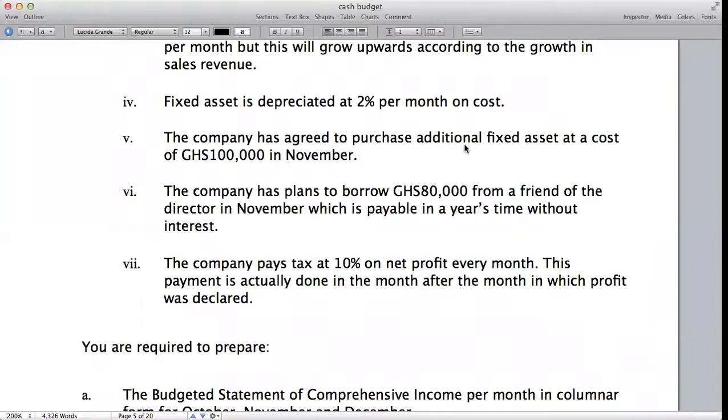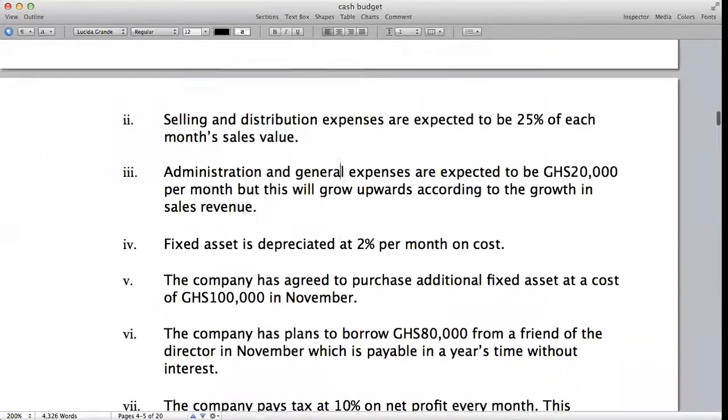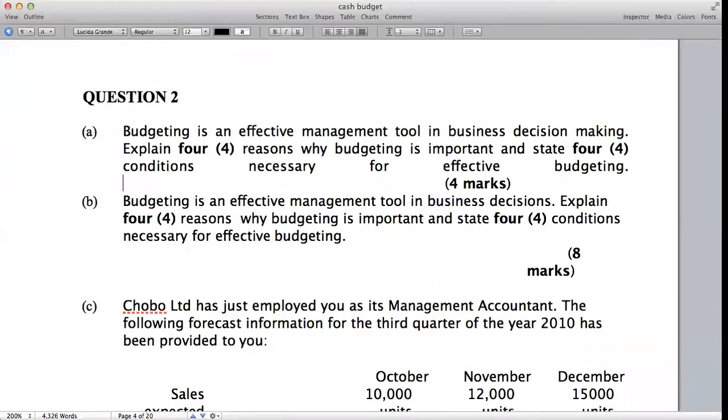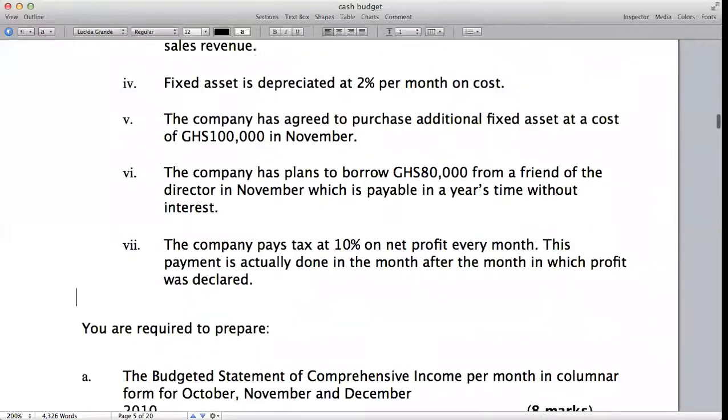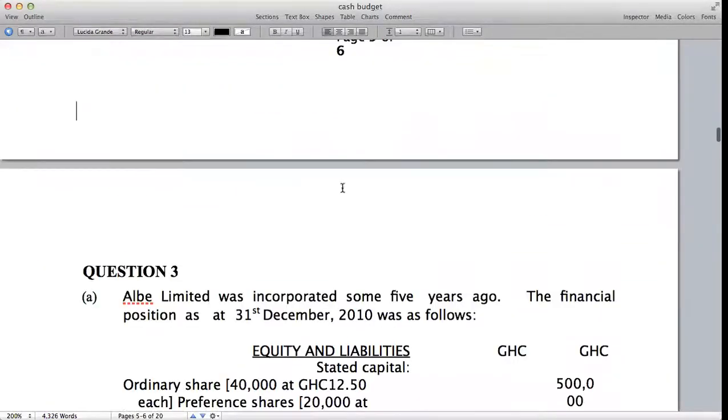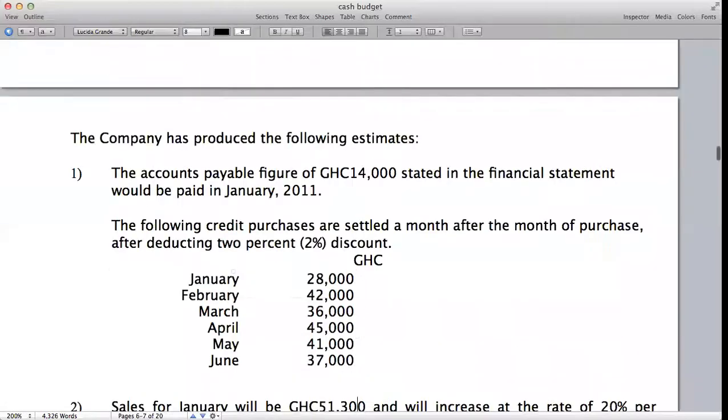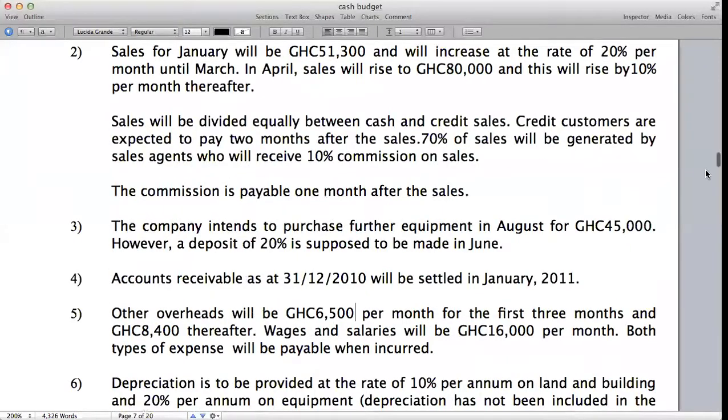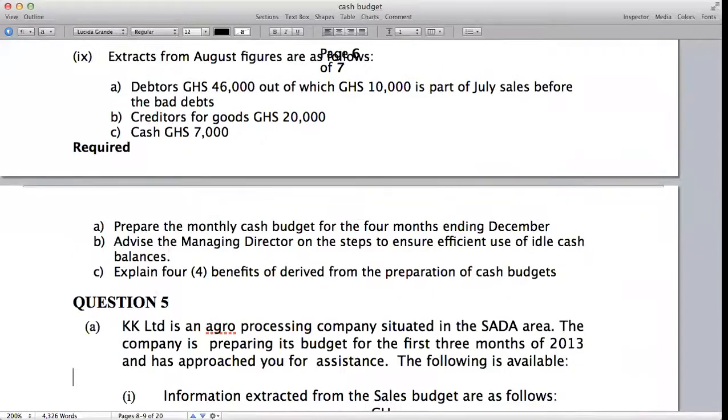So this is the question. Where's question 7? That's question 2. And question 7 will be far below. Good.